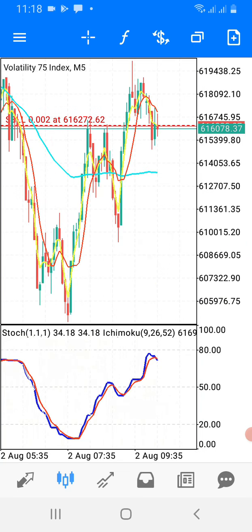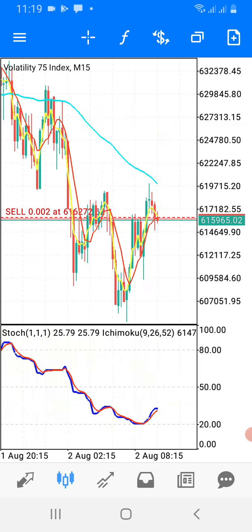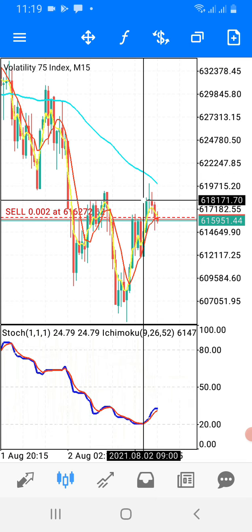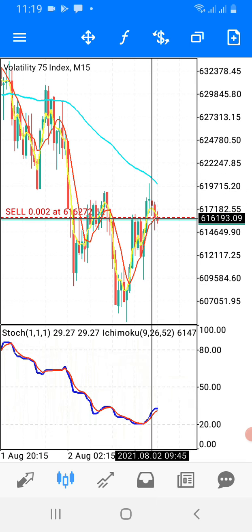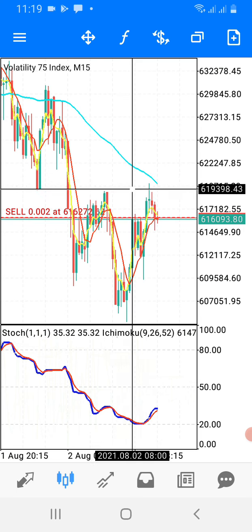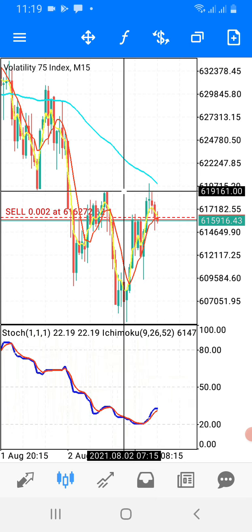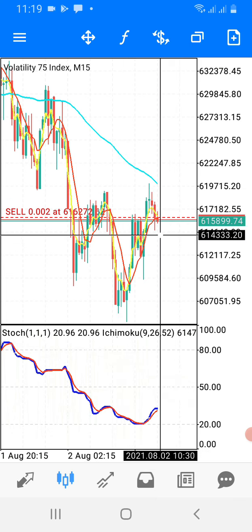From the 5 minute time frame, it's still like a pullback. The 15, same thing. So guys, that's why I'm always telling you, understand price action. Volatility 75 is going to sell, look at the price action. It made a high, couldn't break through this point, so it's coming down again.